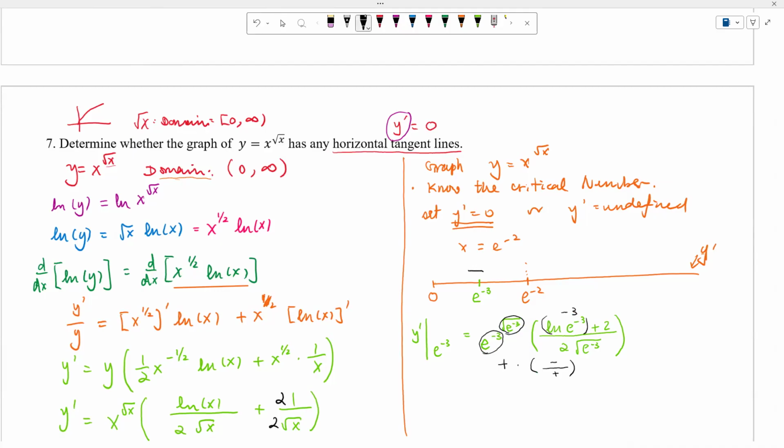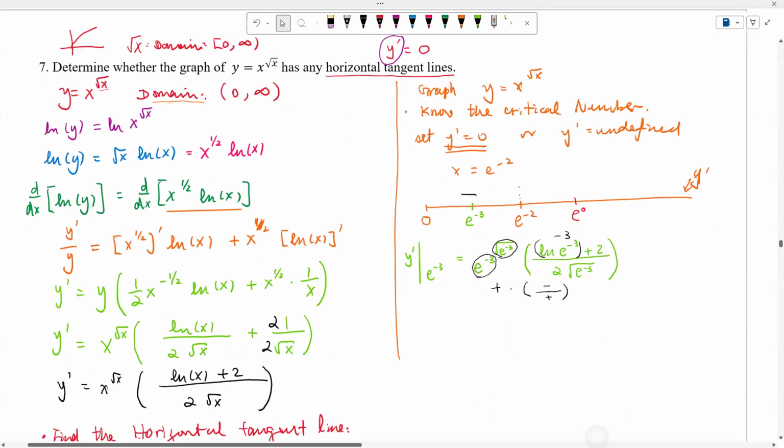And how about this side? Maybe the test point I'm using is e to the power of 0. Then y prime at e to the power of 0, which is 1, so I will have 1 raised to the power of square root of 1, and then natural log of 1 plus 2 over 2 times 1.